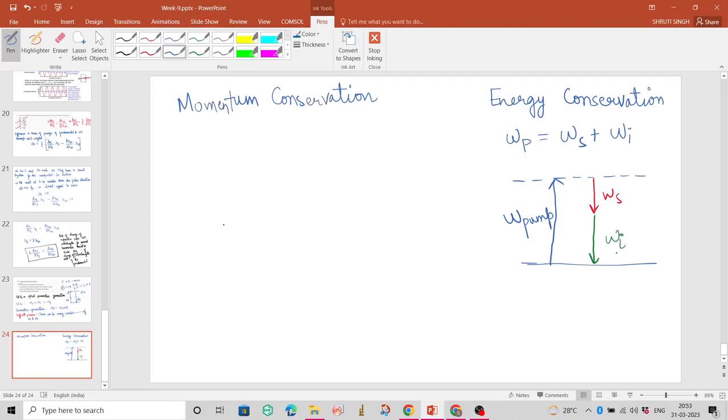If this is the momentum of the pump, K pump, then the momentum of the signal and the momentum of the idler should match.